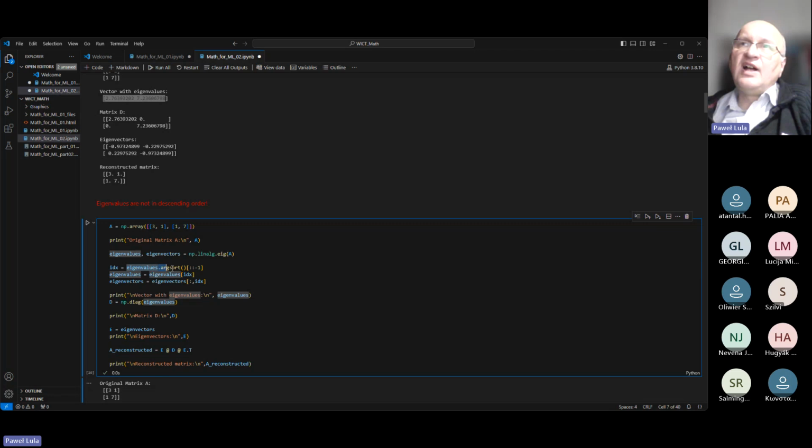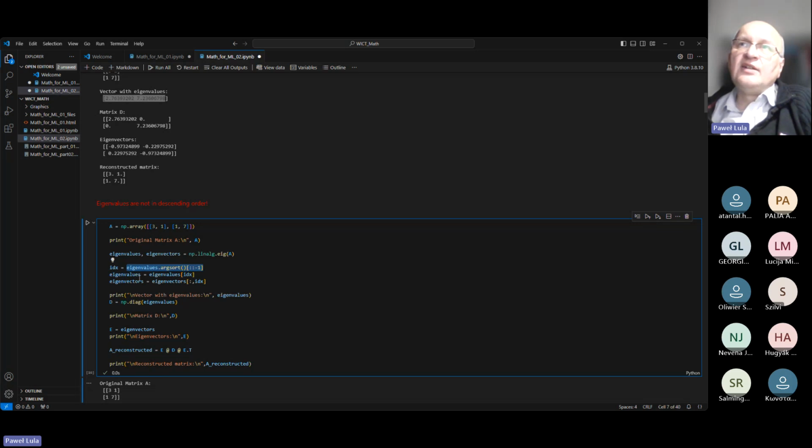So here eigenvalues were sorted. I got positions of elements with respect to their value. They were sorted, and I reversed their order by putting -1 here.